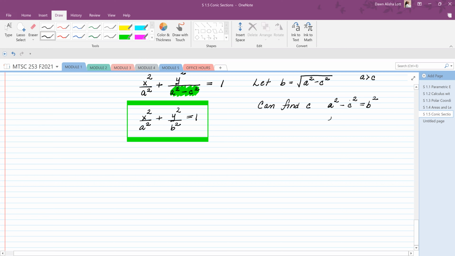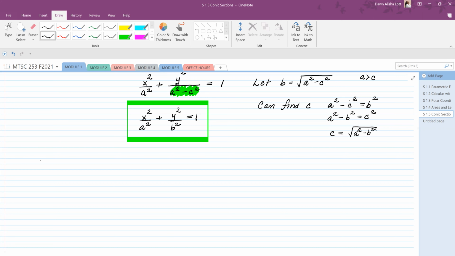So therefore, A squared minus B squared is equal to C squared. So C is always the square root of A squared minus B squared. Okay.